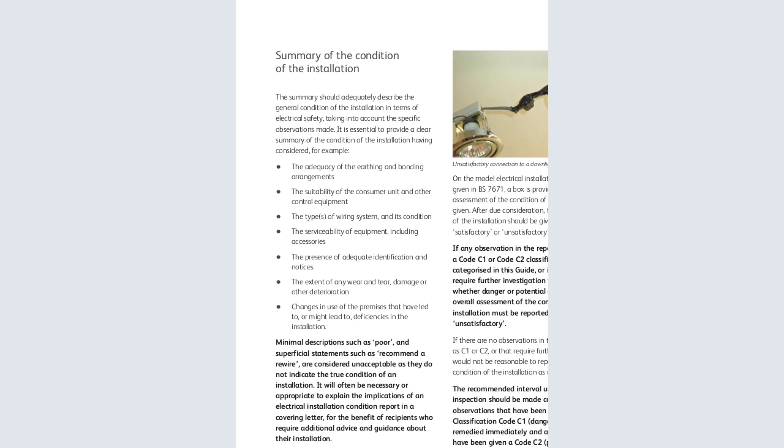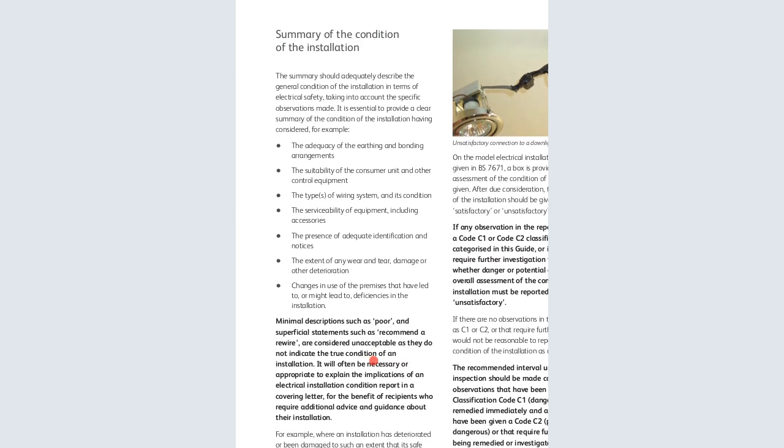Then another thing is the serviceability of the equipment, including the accessories. Then the presence of adequate identification and notification. Then the extent of any wear and tear, damage or other deterioration. Then changes in the use of premises that have led to or might lead to deficiencies in the installation.